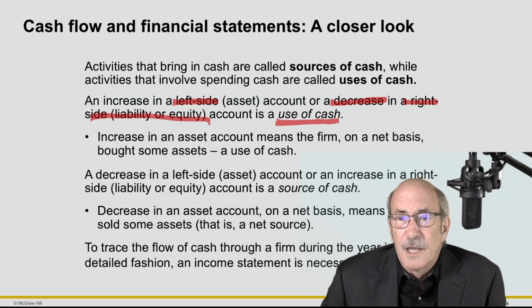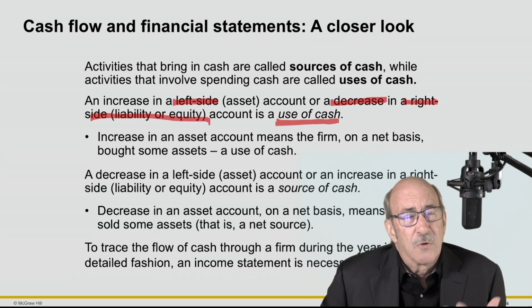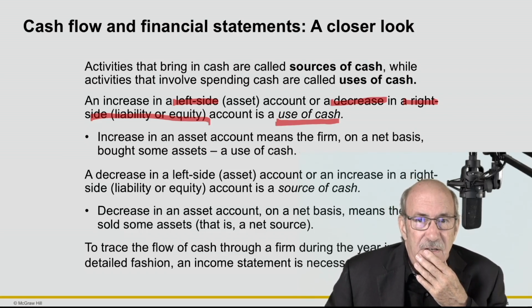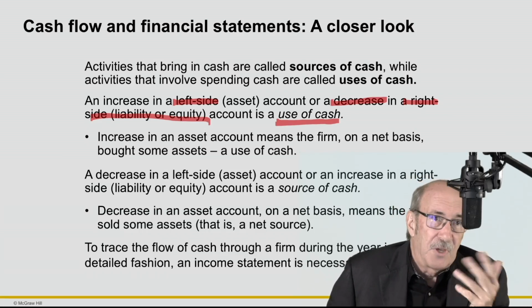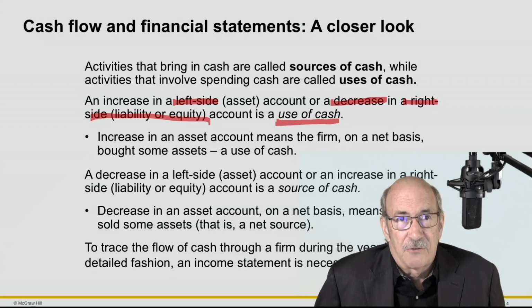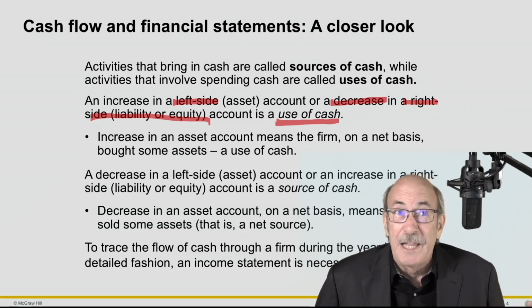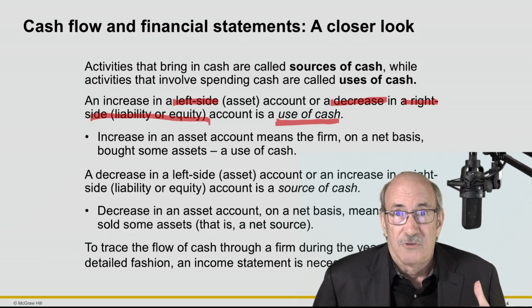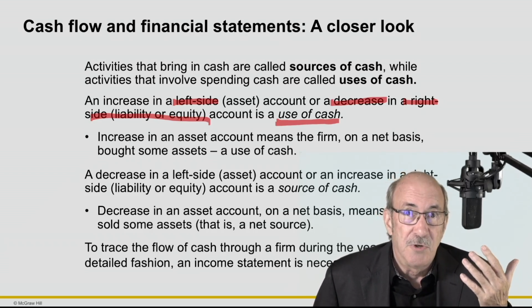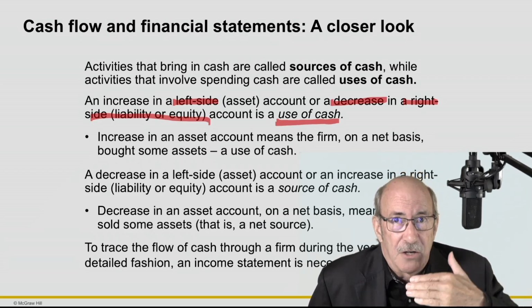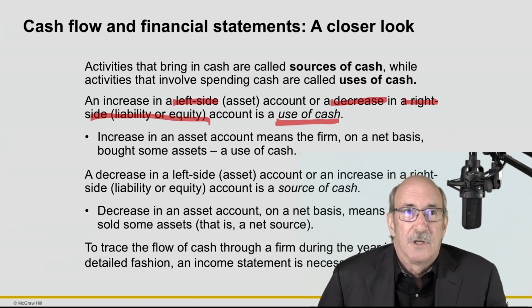All right. Why is an increase in the left-hand side a use of cash? Well, think about it. Let's pick fixed assets, for example. We bought a new plant. That causes the left-hand side of the balance sheet to increase. Well, that's a cash outflow to buy that plant, and that would be a use of cash.